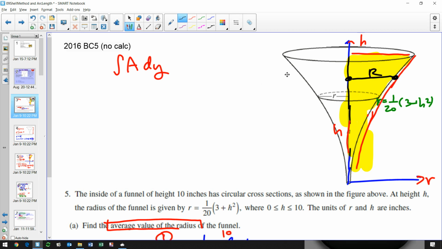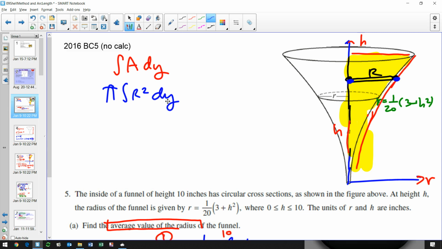If you took cross sections of this region and took out one sliver, what shape would all of my slivers be? They would be circles. So this area was pi r squared dy. And what was my r? My r was this x minus this x.